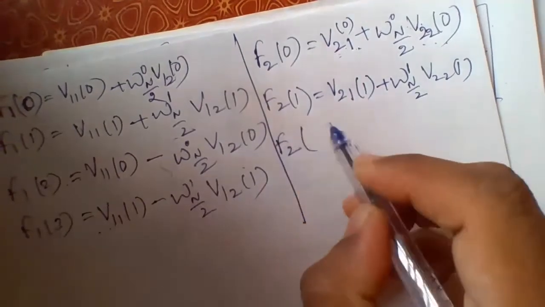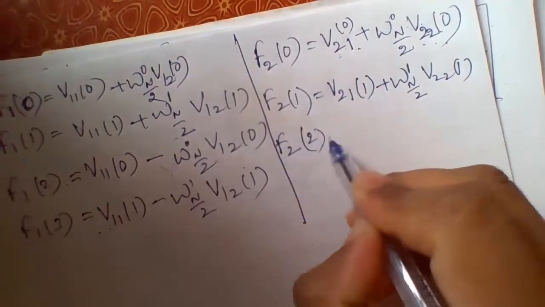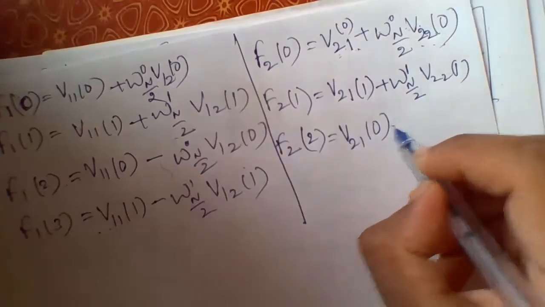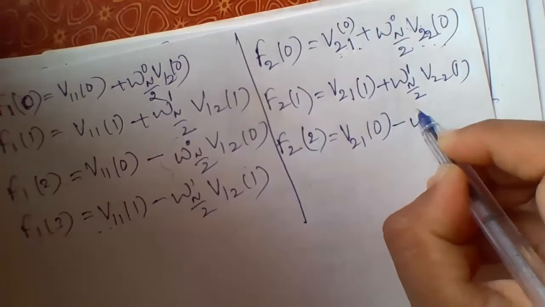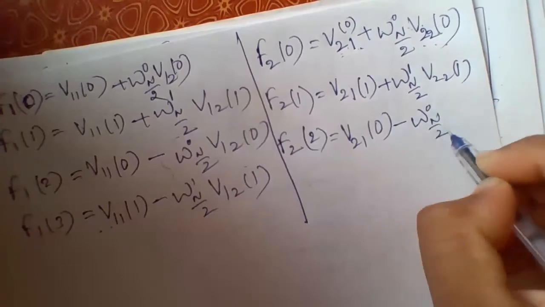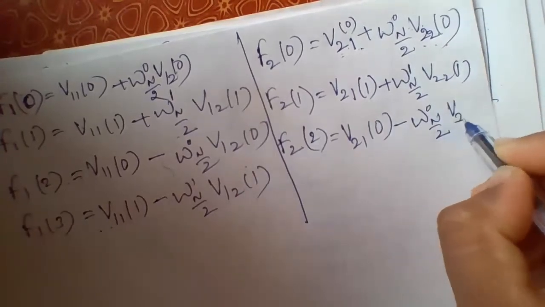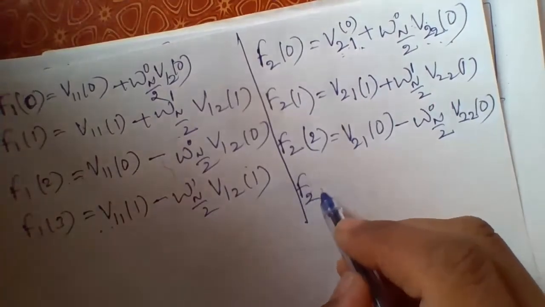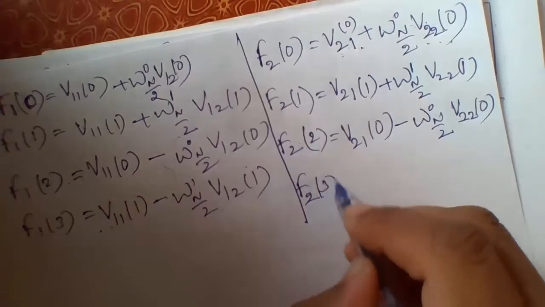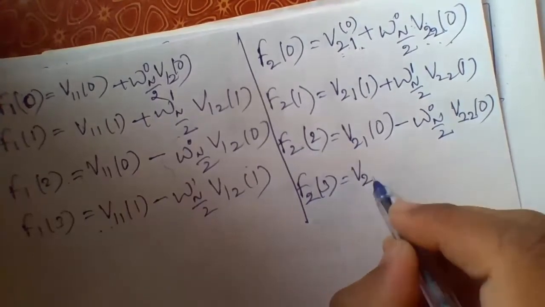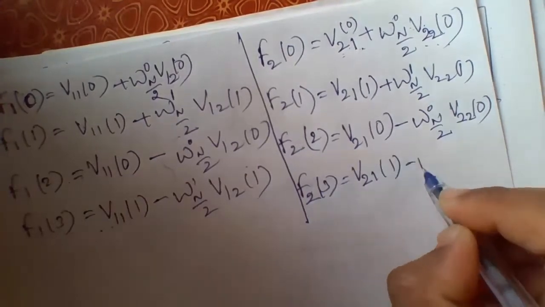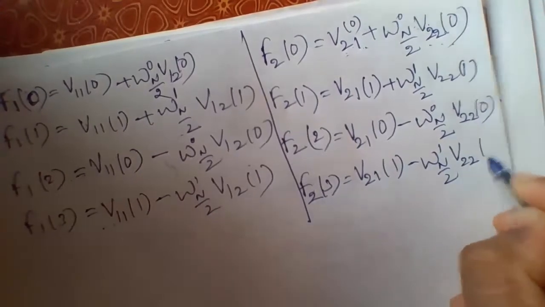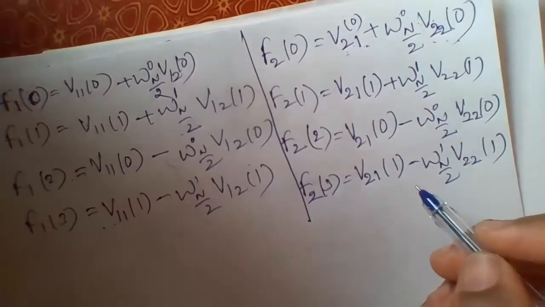Then F2 of 2 will be V21 of 0 again, but here minus W raised to 0, N by 2, V22 of 0. And the last one, F2 of 3, will be equal to V21 of 1 minus W raised to 1, N by 2, V22 of 1.